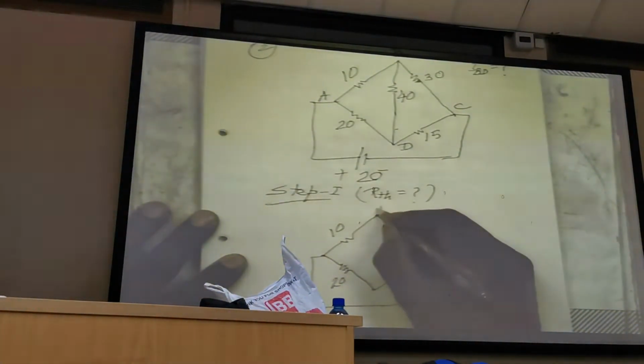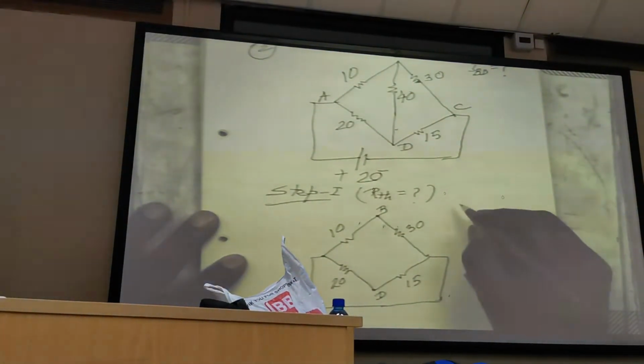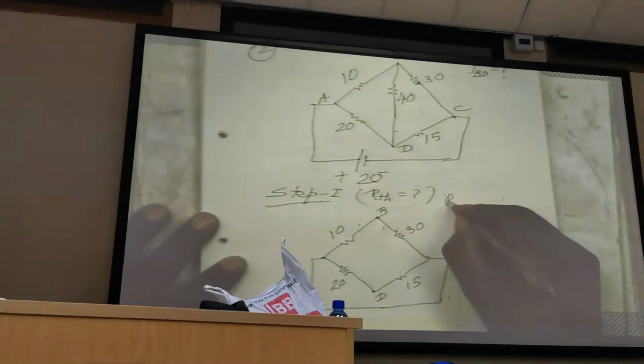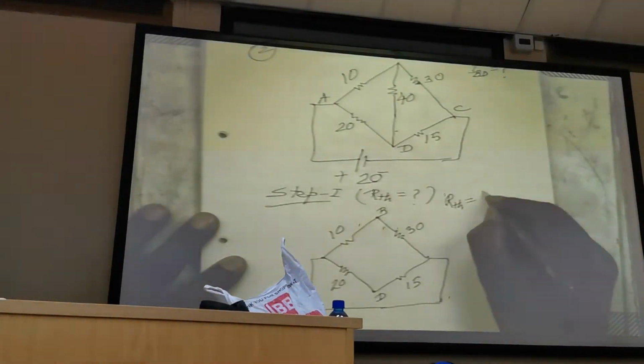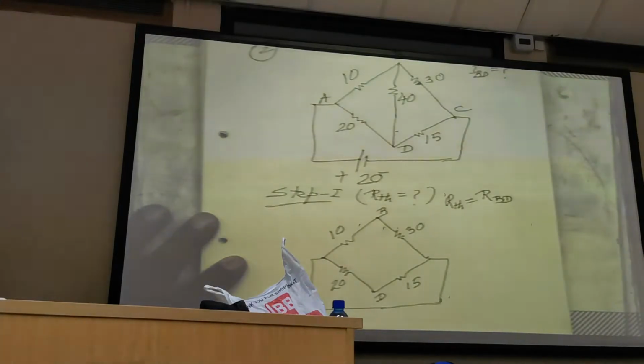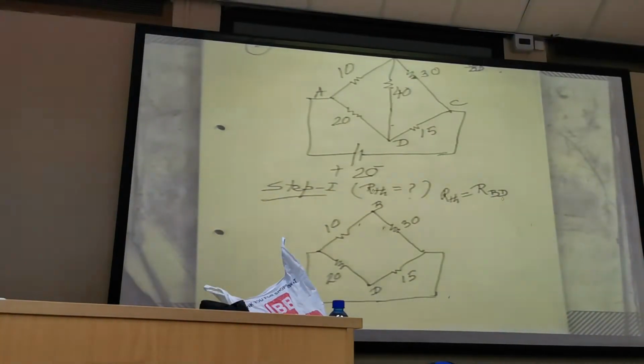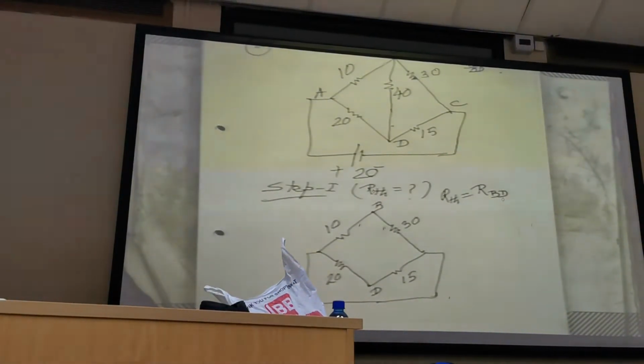This point is B and this point is D. We need to find out R Thevenin. R Thevenin is the resistance across B and D when it is open circuit. Clear? That's what we do. Don't watch the movie. You also write.